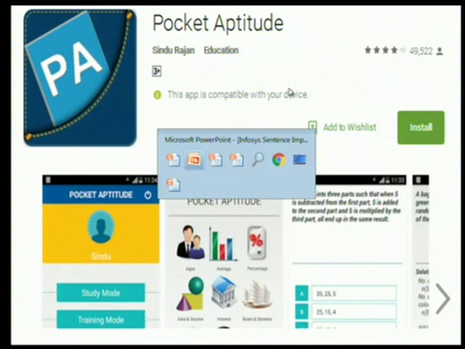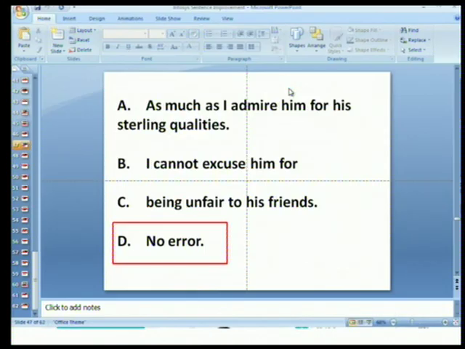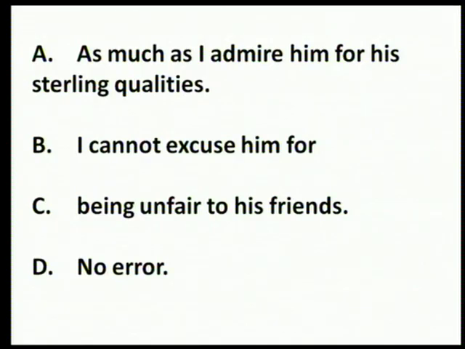All right. Now, I want to quickly look at a sentence improvement question which we did yesterday. What happens in these kinds of questions is you will be given a sentence broken into 3 parts, and you need to identify which part of the sentence has an error in it.